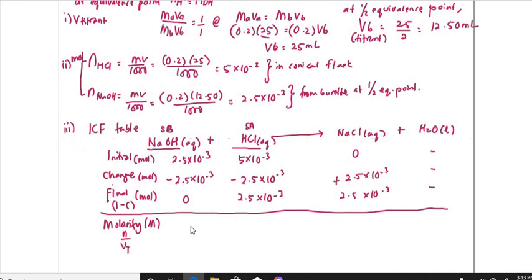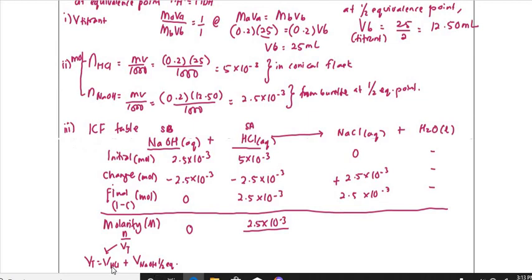So here we become 0 sebab final mole dah tak ada. Yang ini 2.5 exponent negative 3 divide by volume total here refer to the volume HCl plus volume NaOH at half equivalent point.